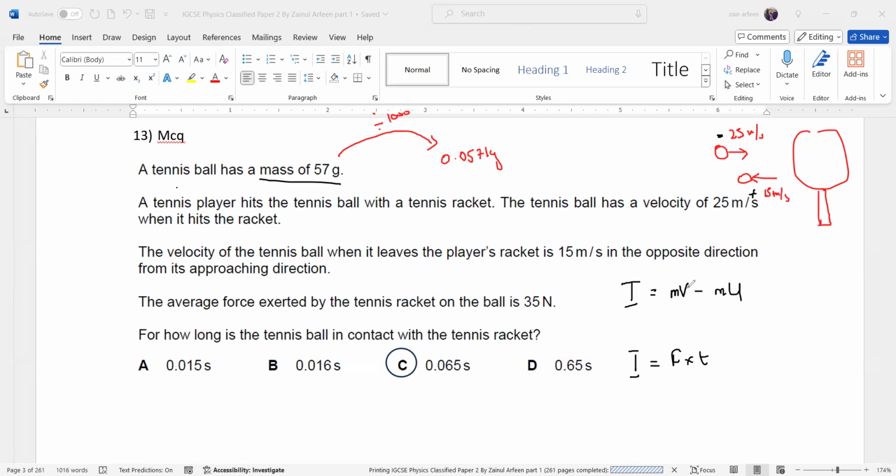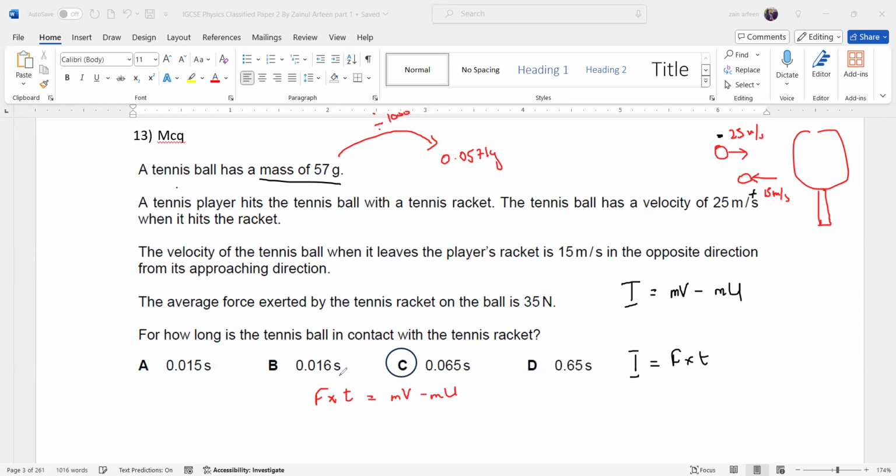So one formula says impulse is a change in momentum, and the second says impulse is force into time. If we combine these two formulas, because the left-hand side is impulse, we can say force into time is equal to change in momentum, mv minus mu.